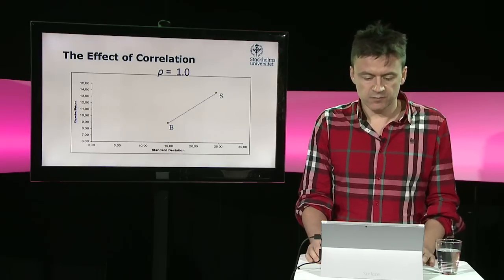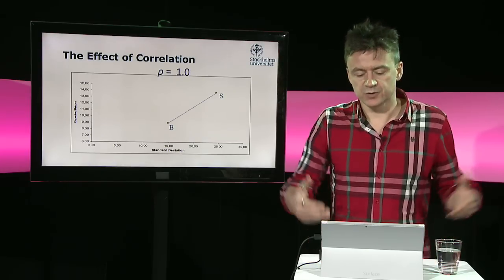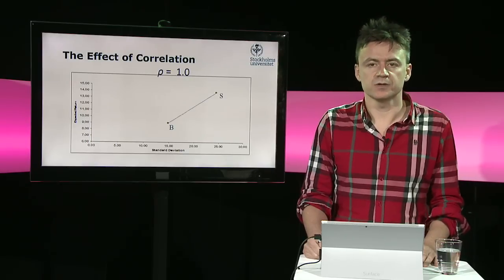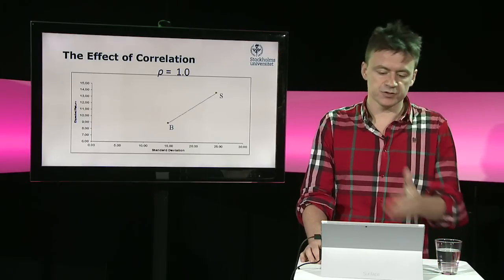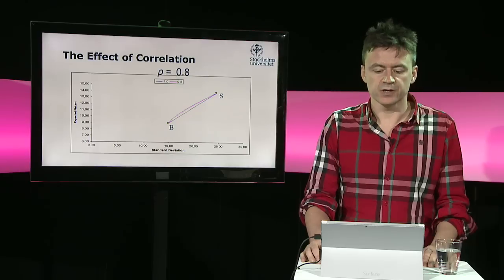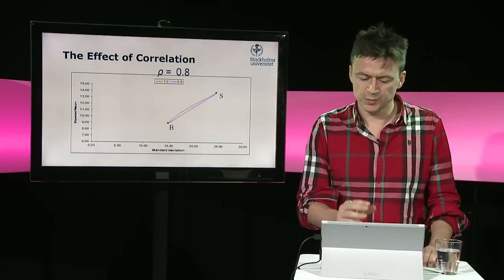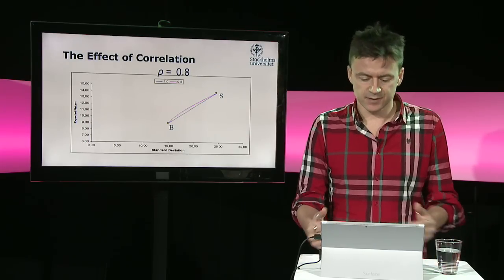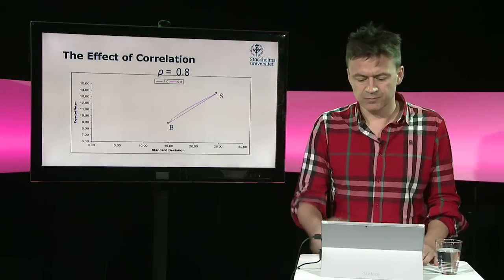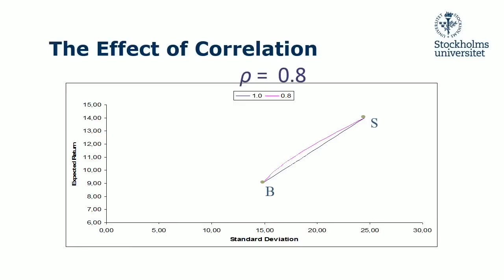We could have lower correlations instead. Suppose that rather than 1.0, we assume a correlation of 0.8. In that case, things improve a bit. The standard deviation is not anymore a weighted sum of the standard deviations of the bond and the stock.